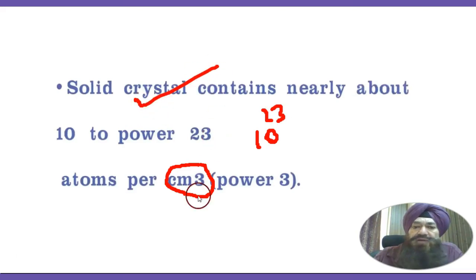So just imagine how close the atoms are. 1 cc contains 10 raised to power 23 atoms, so they definitely influence one another. One atom influences the second, the second influences the third, and so on.